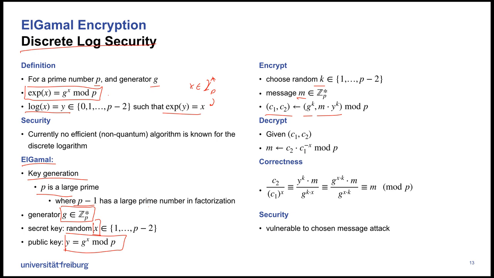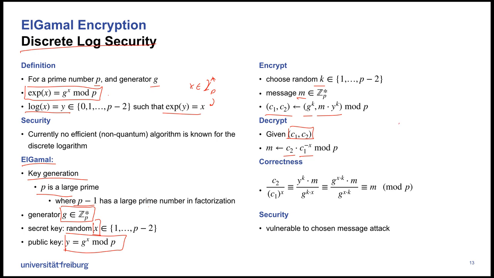Okay, how can we decrypt it? So we get this pair of messages, and in the second place, we want to get this m out of this, so we take this first message and divide it with the first part to the power of minus x.